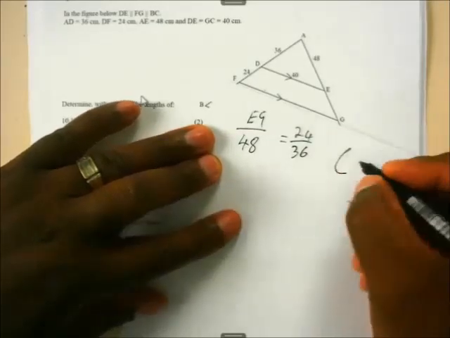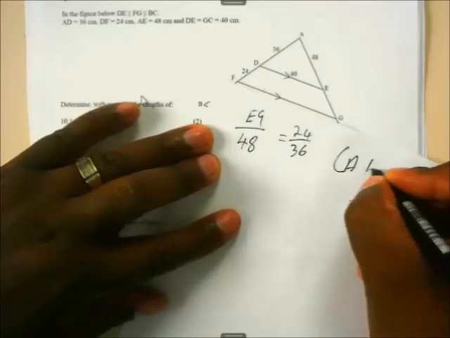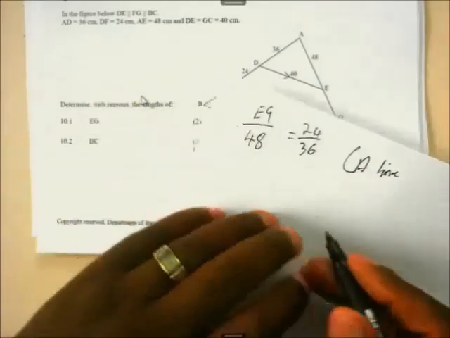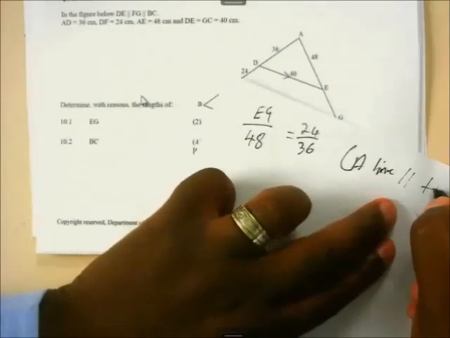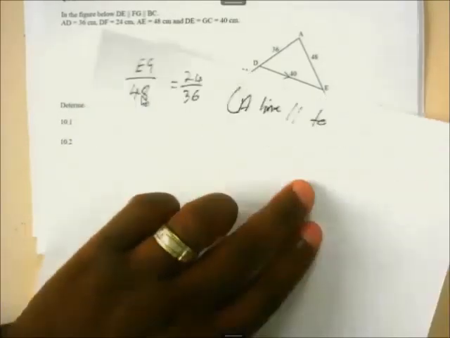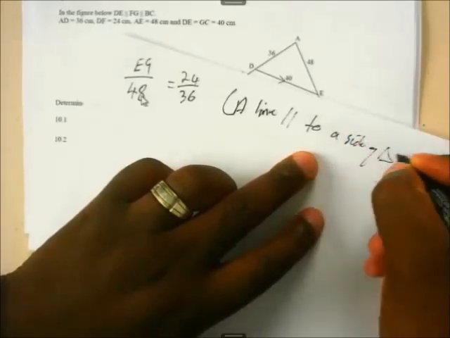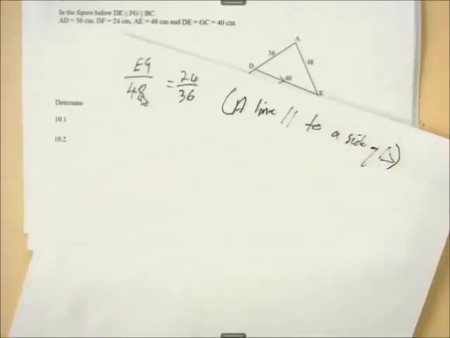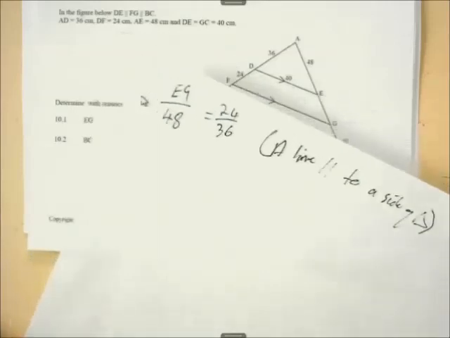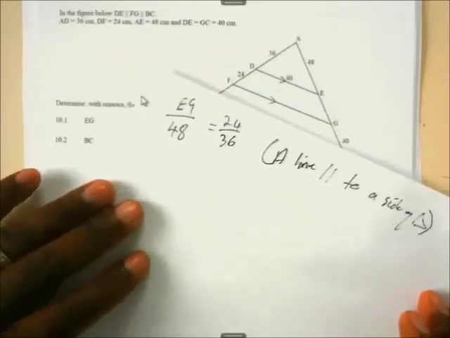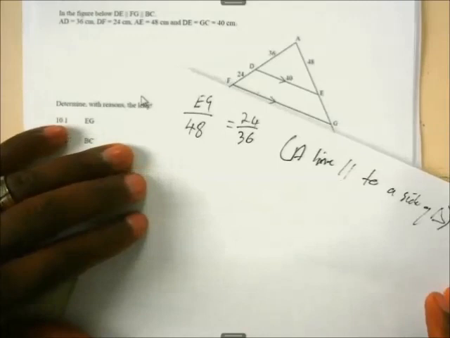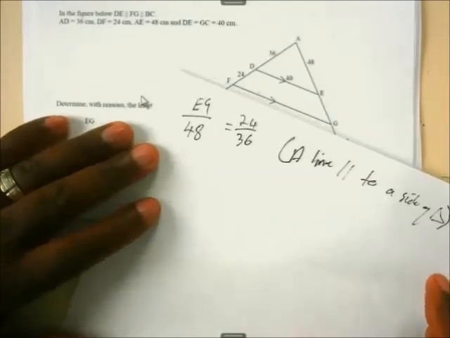The reason here is a line parallel to a side of a triangle divides the other 2 sides in the same proportion. Then we just do our algebraic manipulation to determine the length of EG.